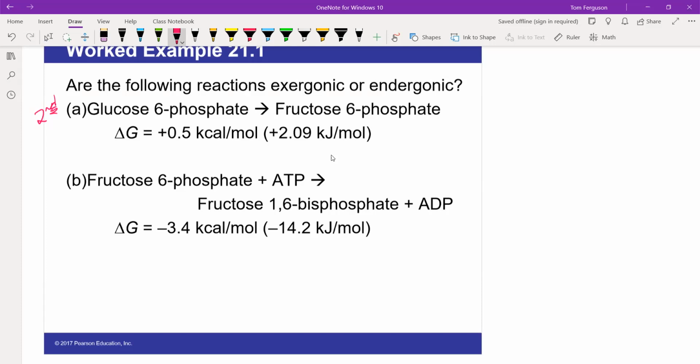So the second step is converting the glucose to fructose with an isomerase. And then this is with a kinase down here, because we're adding a phosphate group. Notice that this requires energy. It's positive.